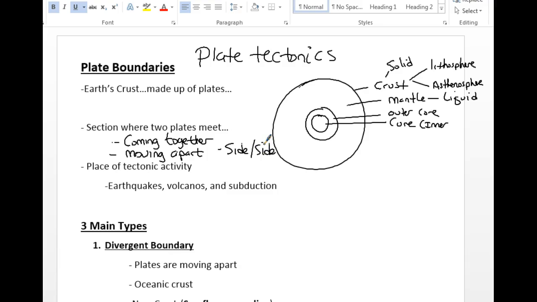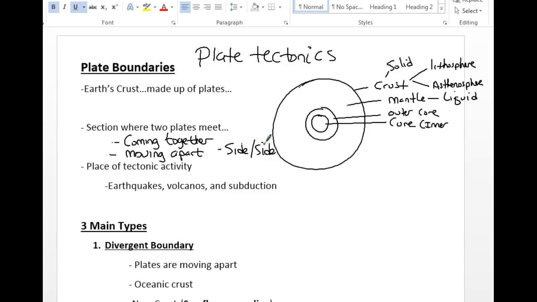And sometimes they can be doing a little bit of side by side and coming together and side by side and moving apart, but they usually name it according to the main motion that they see. And wherever this is happening, like I said before, you're going to see earthquakes, you're going to see volcanoes and subduction. I think there was just an earthquake in Italy, and if we went back to the map, we would most likely see there is some kind of plate boundary there.